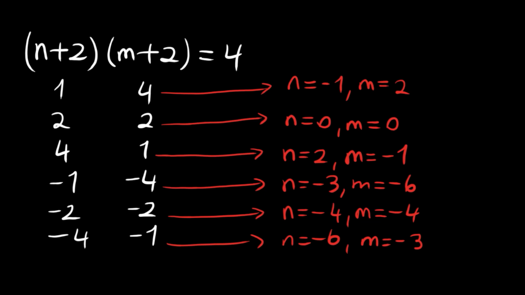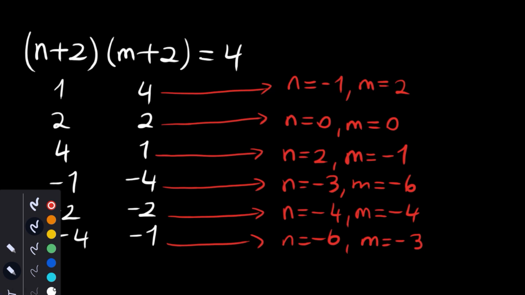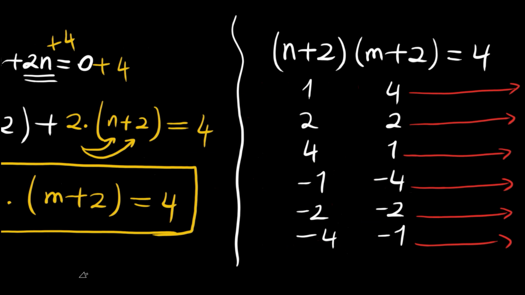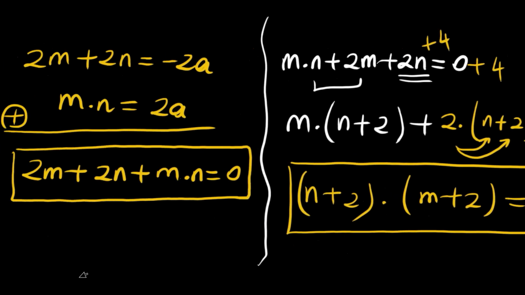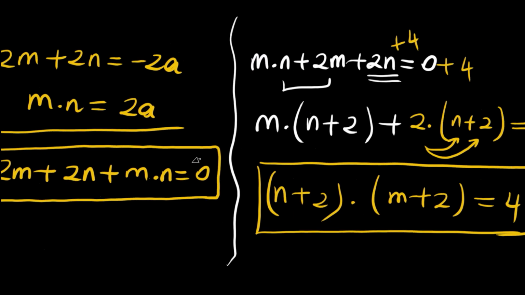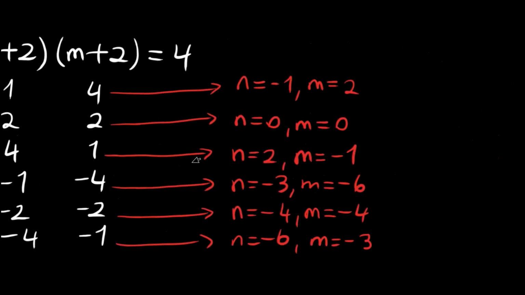Now, actually, m and n are the substitutes I used. We are interested in the values for a. Let me remind you, m plus n is equal to negative a. Let's write the solutions for a for each solution.